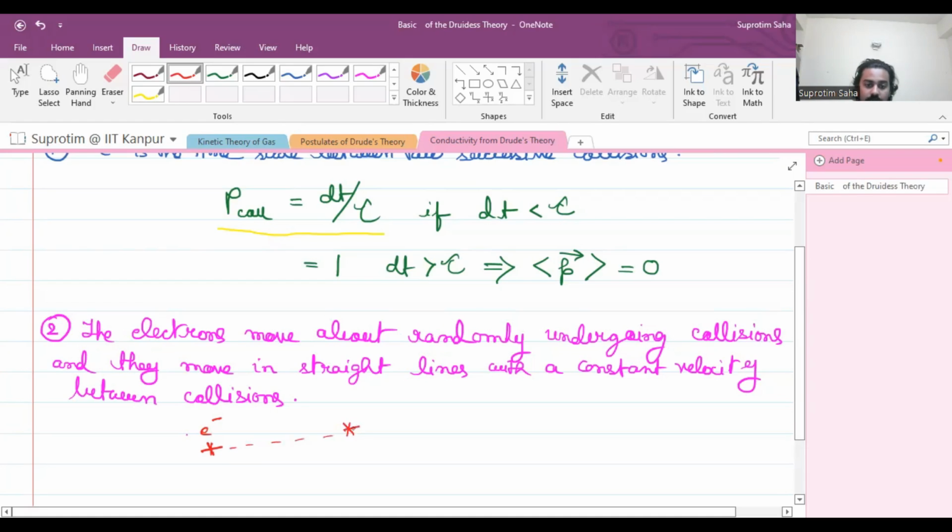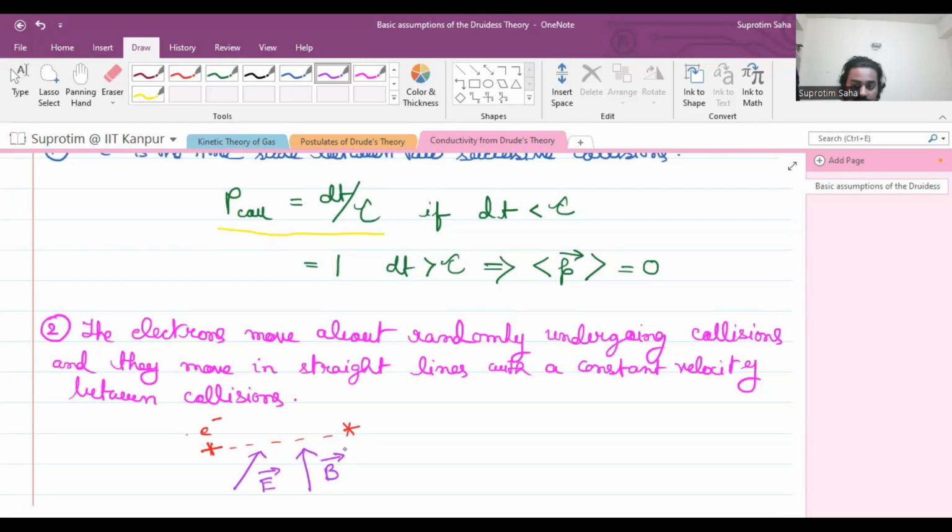In traversing from its initial point to the point where it undergoes another collision, it can be affected by an electric or a magnetic field. Of course, the force the field exerts affects the motion of the electron. The momenta can change between two successive collisions when it gets affected by an electric or magnetic field.